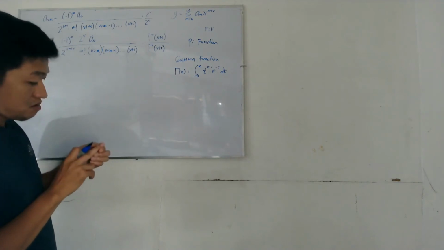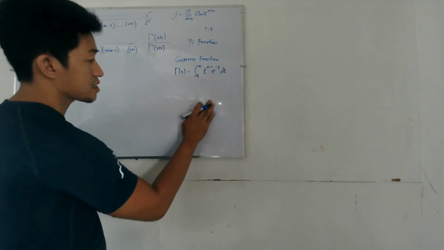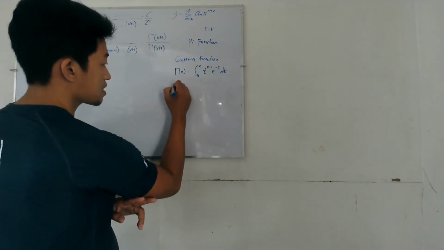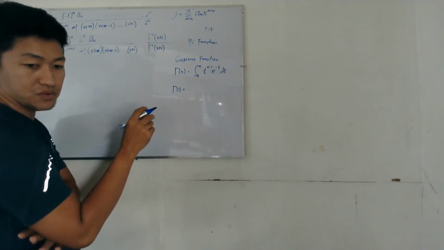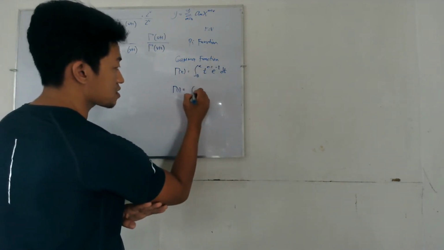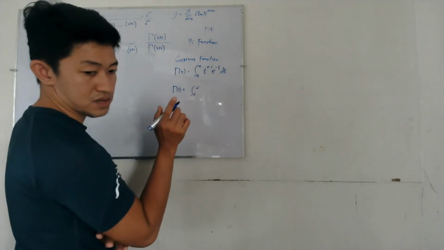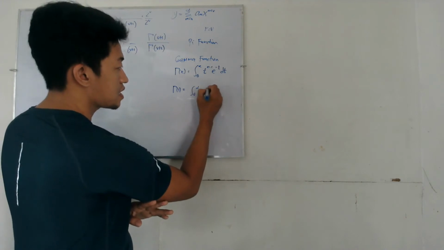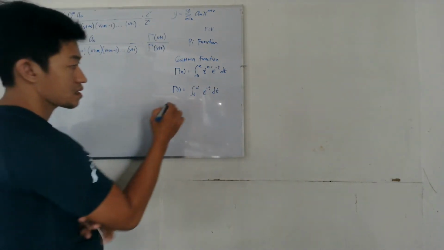But let's start by getting the gamma of 1. If we want gamma of 1, we substitute x equals 1 here. So from 0 to infinity, 1 minus 1 is 0, so t to the 0 is 1. What remains is e to the negative t dt. Okay?